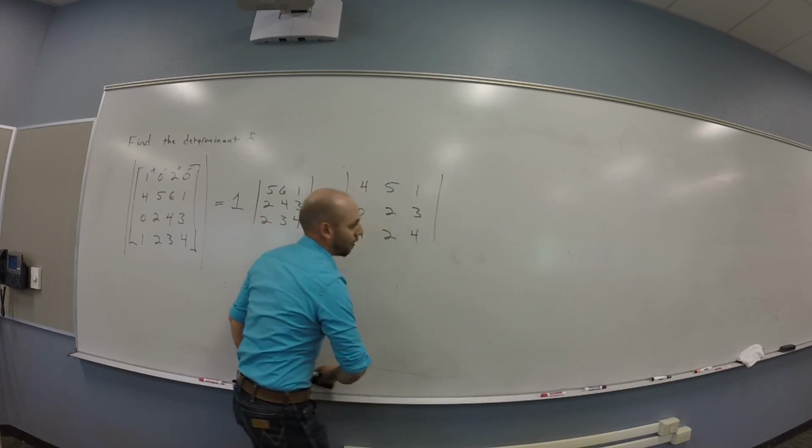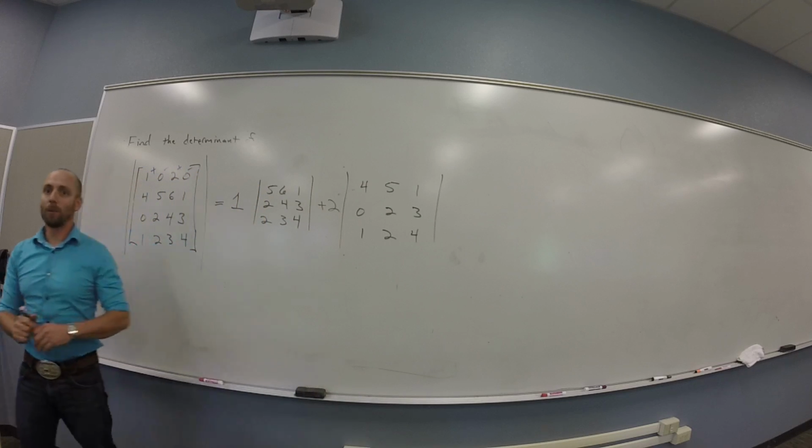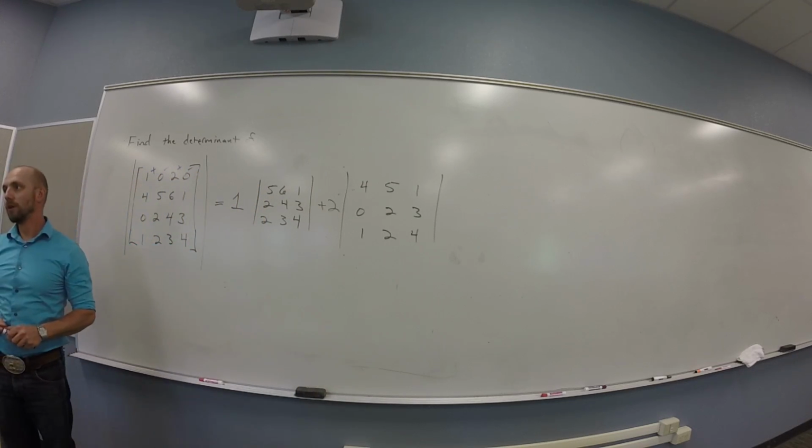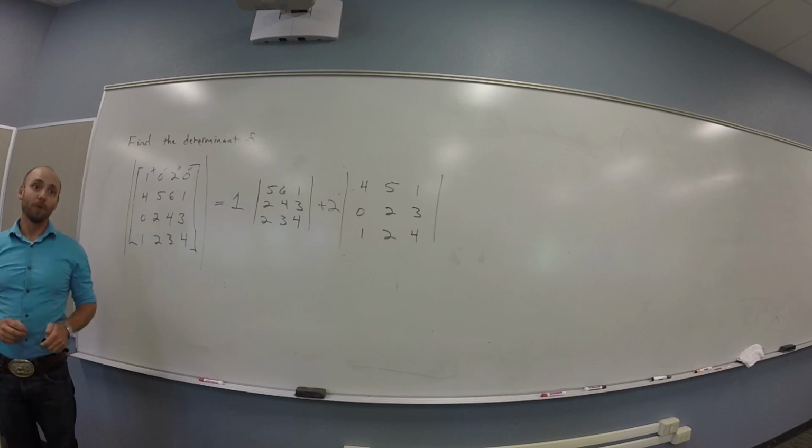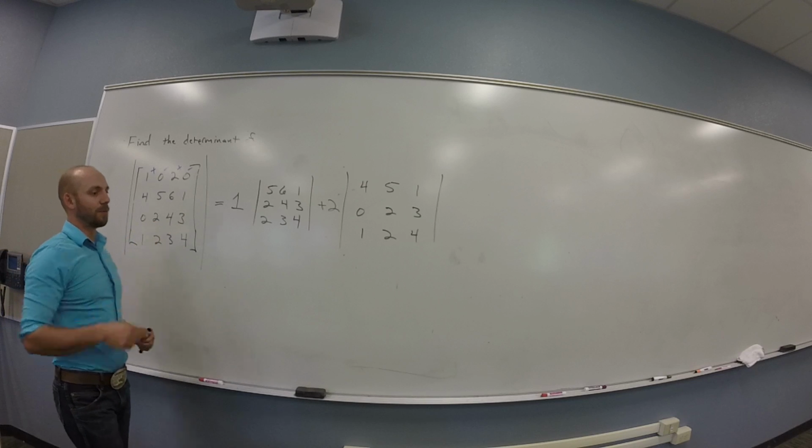Okay, so now I turned my 4 by 4 problem into really 4 3 by 3 problems, right? But 2 of them were 0, so I don't really need to do those. You guys see this?